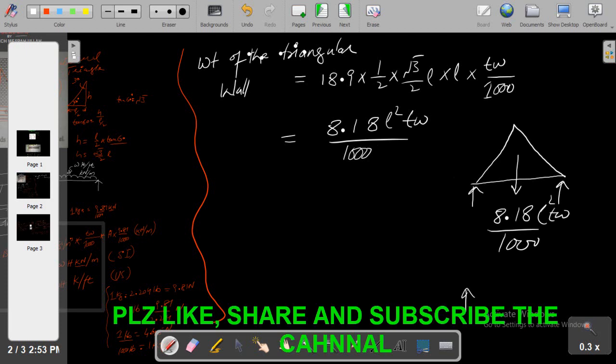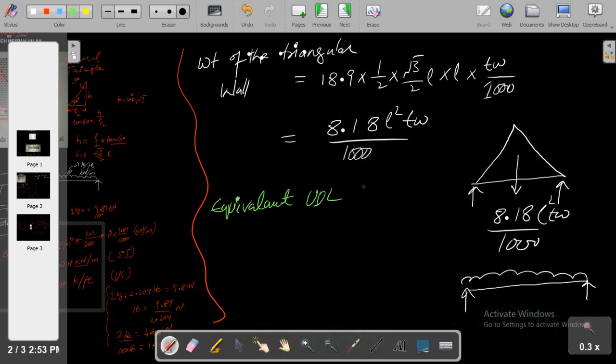Now we need to convert this to an equivalent UDL. So the equivalent UDL for the bending moment, as we already covered in lecture 008, a triangular load will be converted into an equivalent UDL by just multiplying that load with a factor, right?